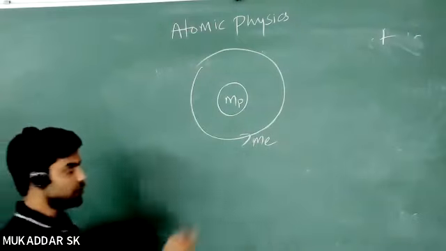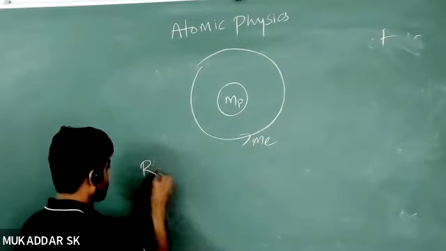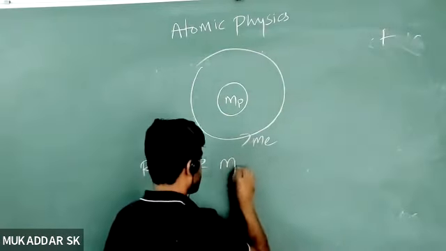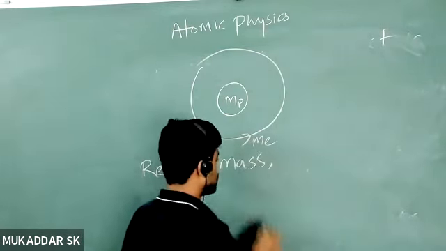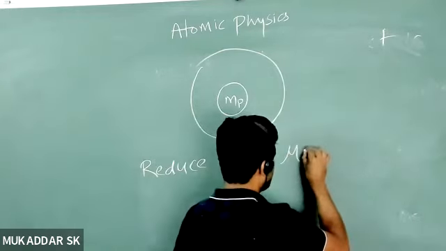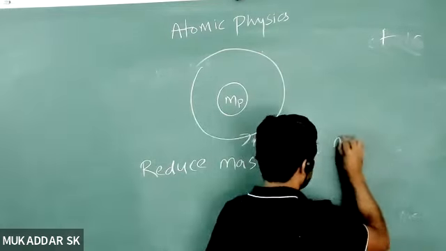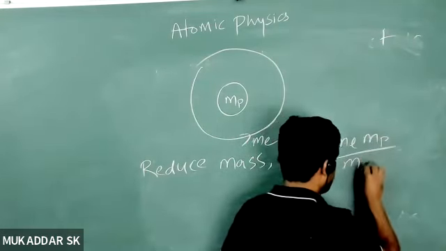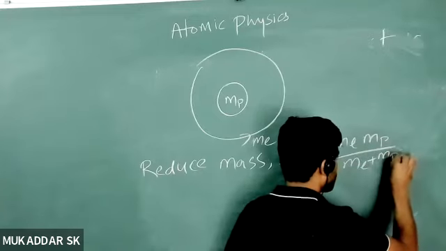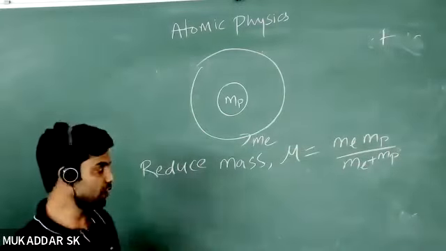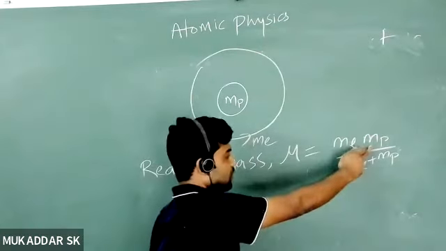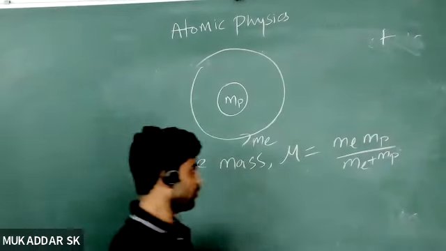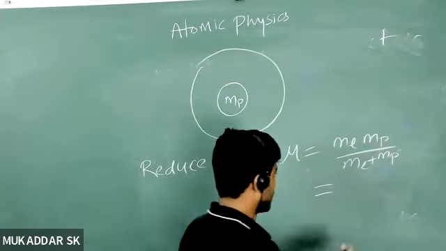So what will the reduced mass of this system be? The reduced mass is denoted by mu, and that is nothing but Me Mp divided by Me plus Mp. Now what Bohr did was divide numerator and denominator by Mp. If you do this division, what will you get?